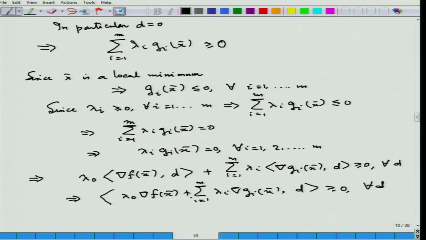Now, this is true for every d. So, if I put this vector as w, then I am saying that the inner product w, d is greater than or equal to 0 for all d.